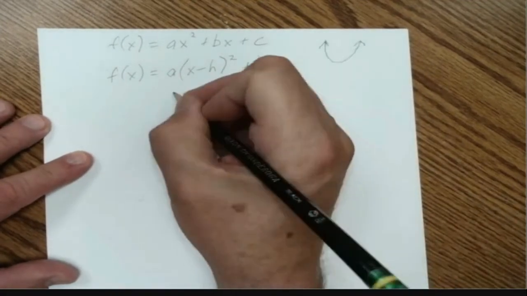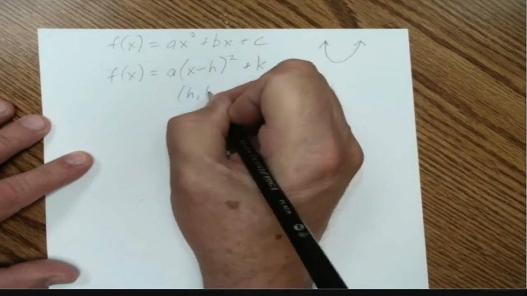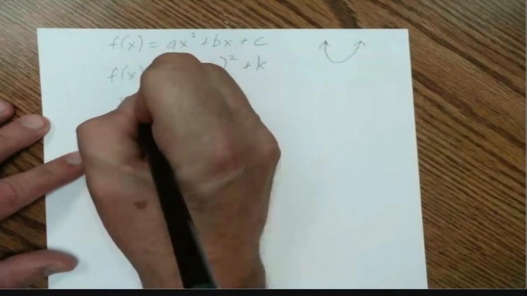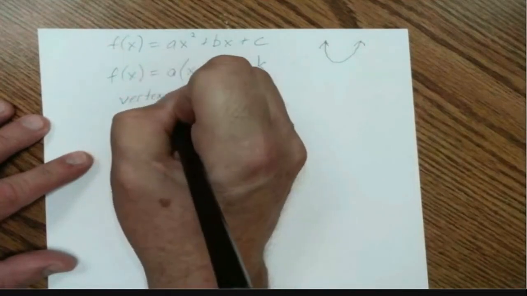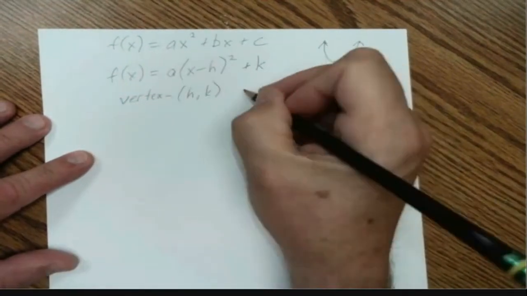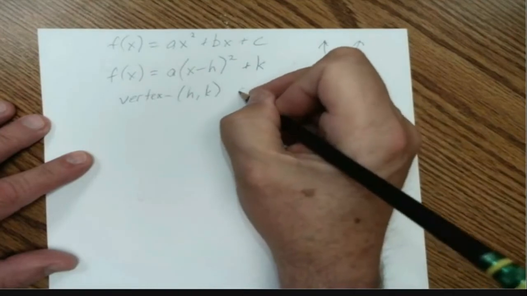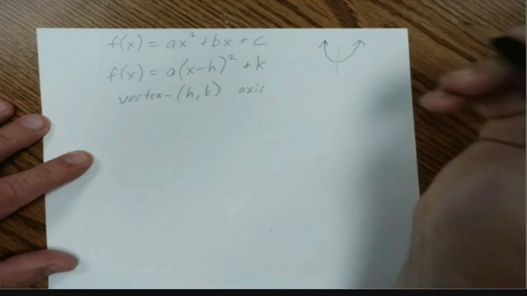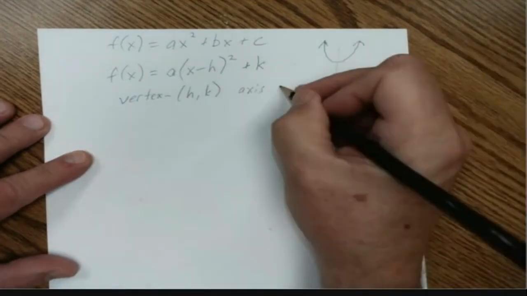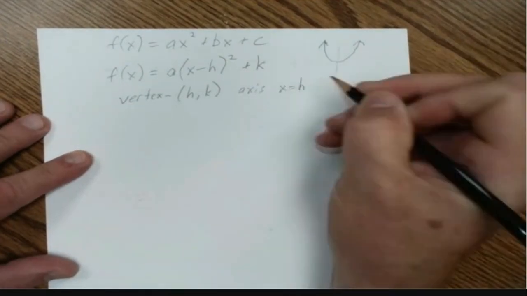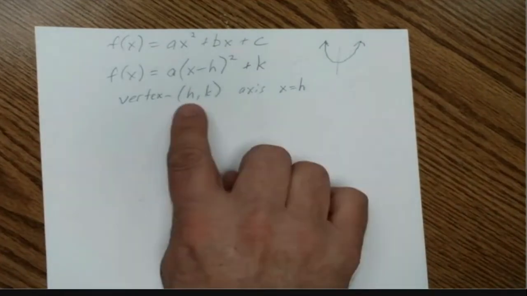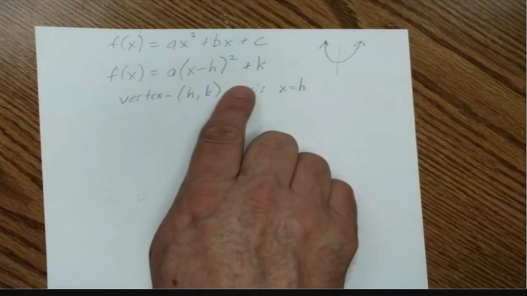It tells us that the point (h, k) is the vertex, and that the axis of symmetry, the center of that parabola, is going to be the line x equals h, whatever that h is.